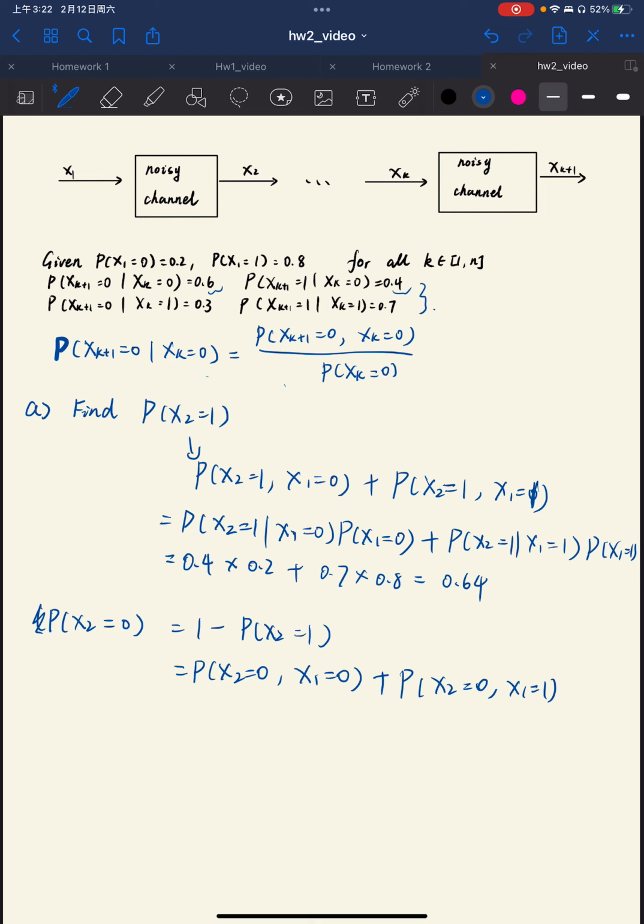So basically, we can also write this in a matrix multiplication version. The probability of x2 equals 0 and the probability of x2 equals 1 are equal to the probability of x2 equals 0 given x1 equals 0, and similarly for the others.